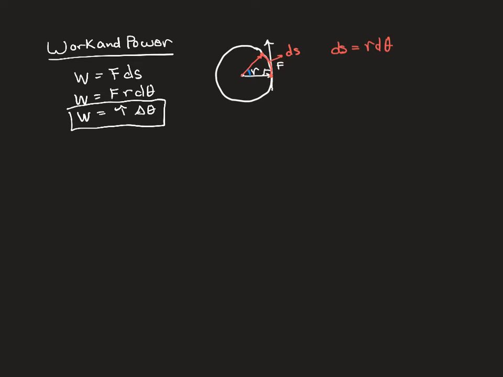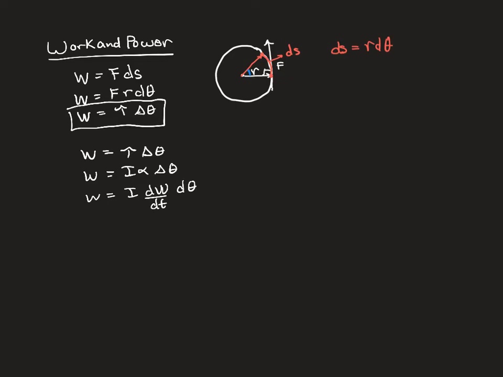Let's expand this a little bit further though. So we're going to start back here with work equals torque times the change in theta. And we're going to use our other half of the torque equation here. And remember, angular acceleration is the same thing as the first derivative of the angular velocity function.